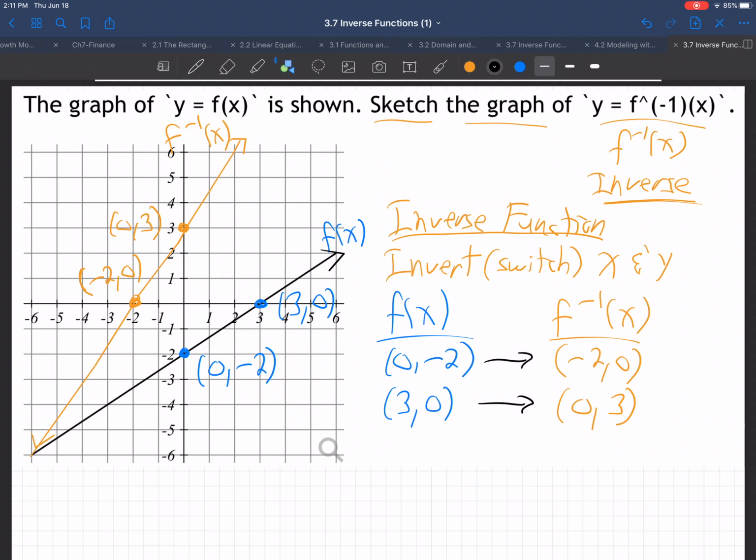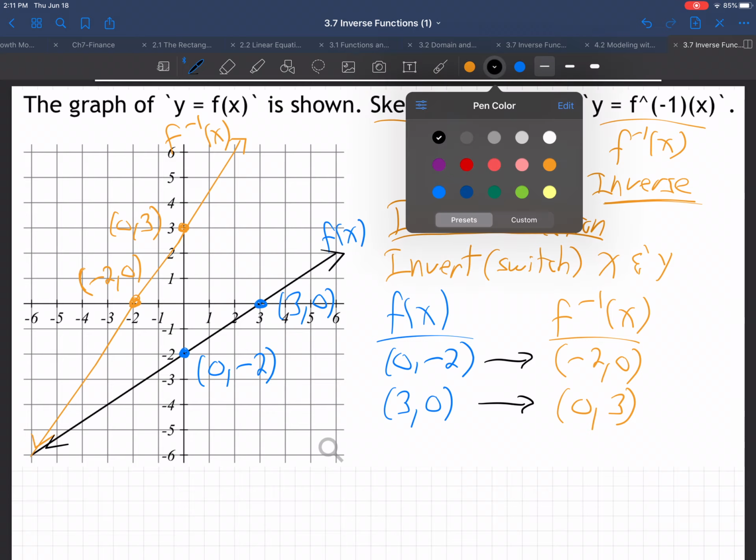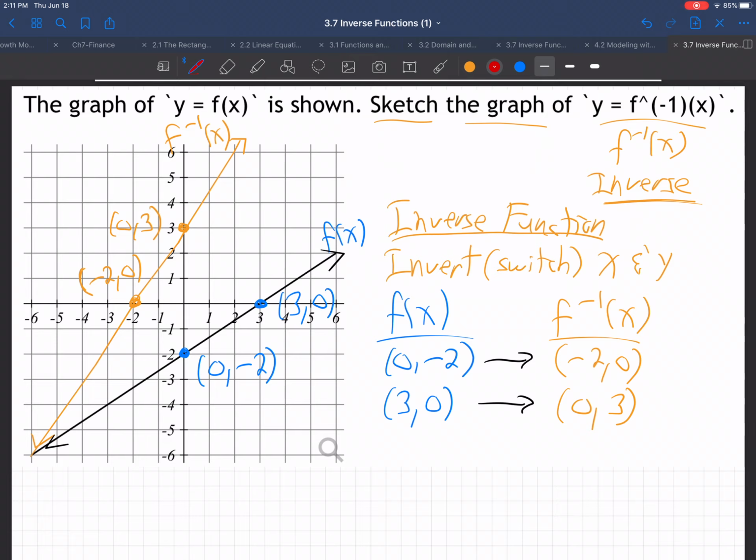Here's the original function, f of x. And notice something about that graph. If we take right in the middle a diagonal line, this is the line y equals x, the diagonal that goes right through the middle of the axis system.